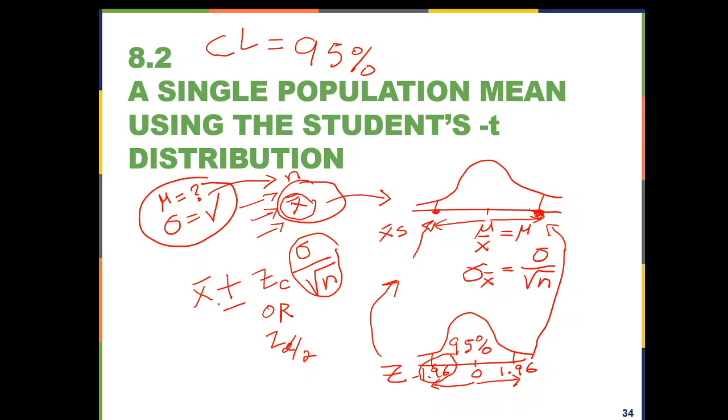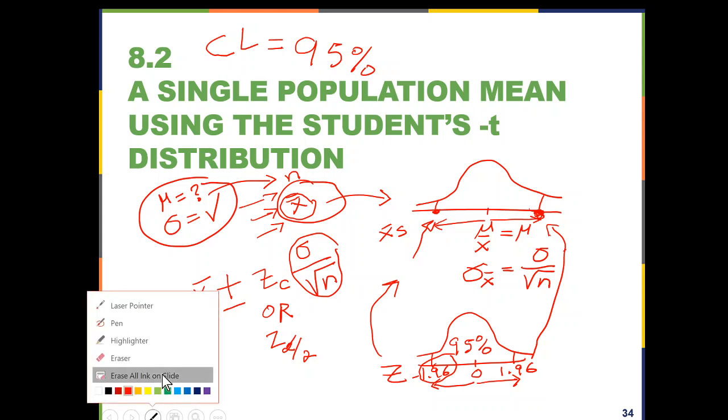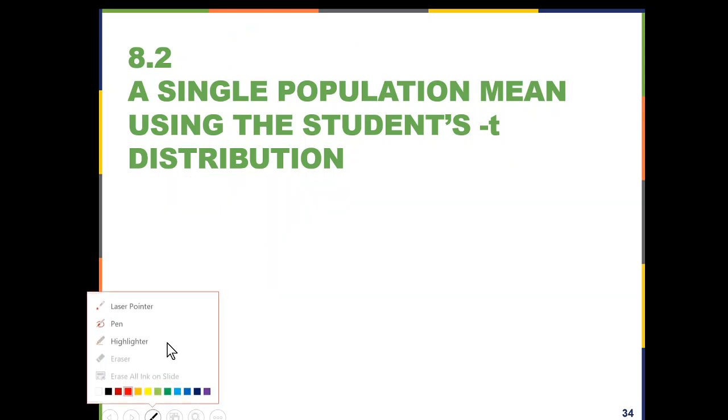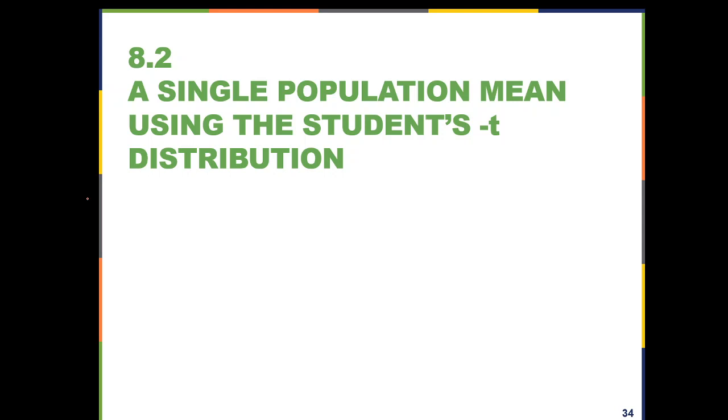But here's the problem. For this section, we can do the same thing, okay? So what we can do is we can think of a population, but this time sigma is not known, and of course mu is not known. We want to find it.